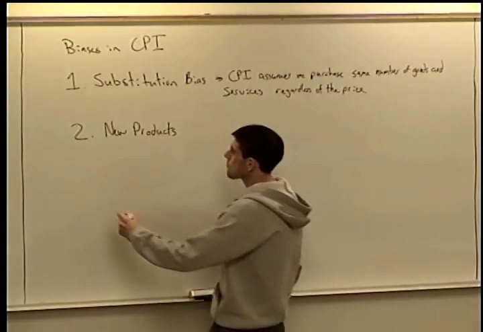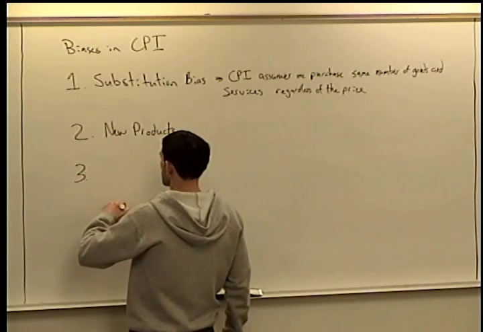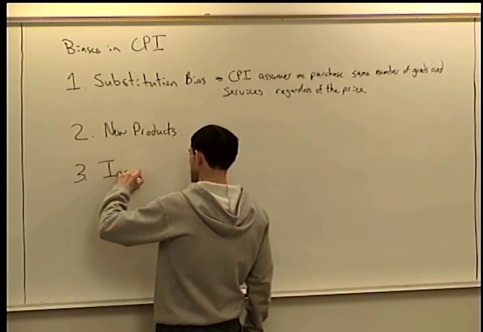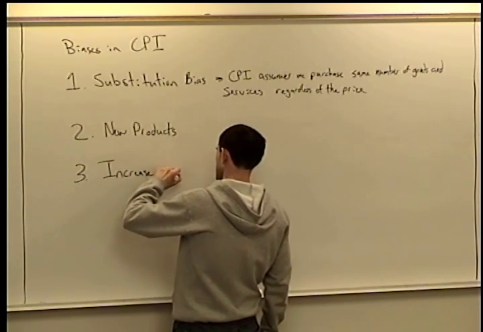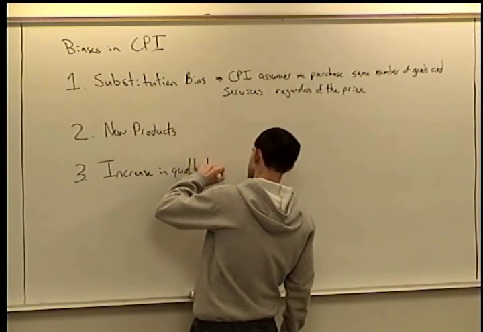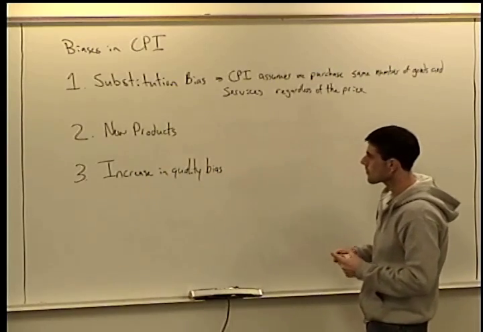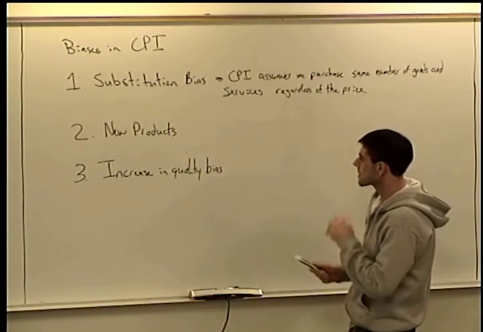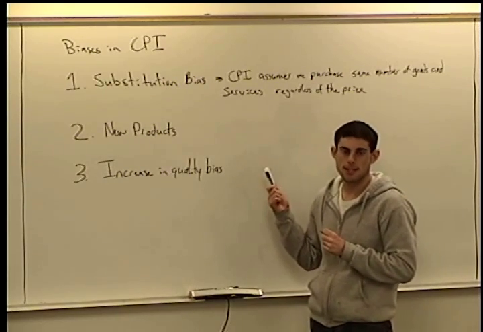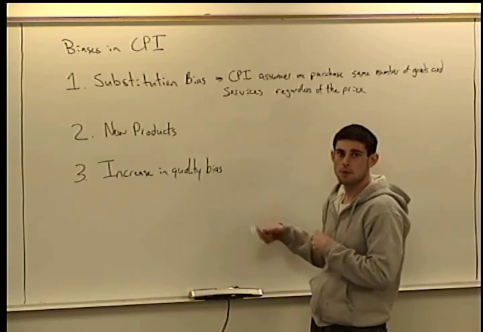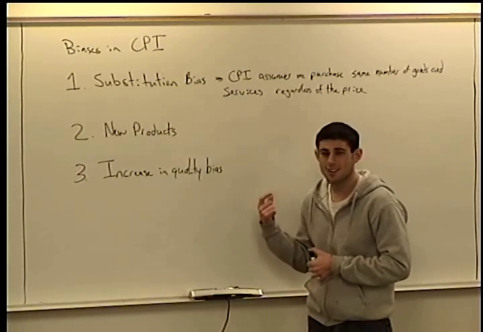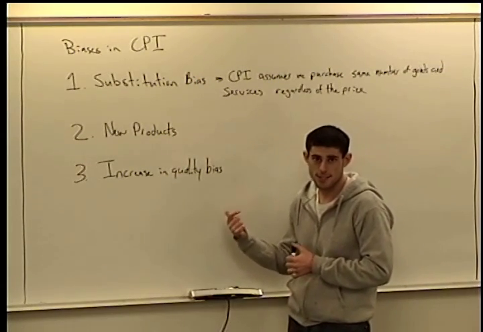The third bias in the CPI is what we call the increase in quality bias. It says that as things become better in quality, we would expect the price to increase. However, when we're calculating inflation, we're assuming that the product hasn't changed.